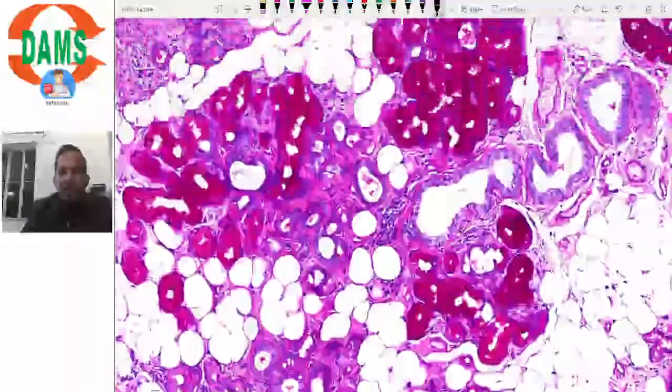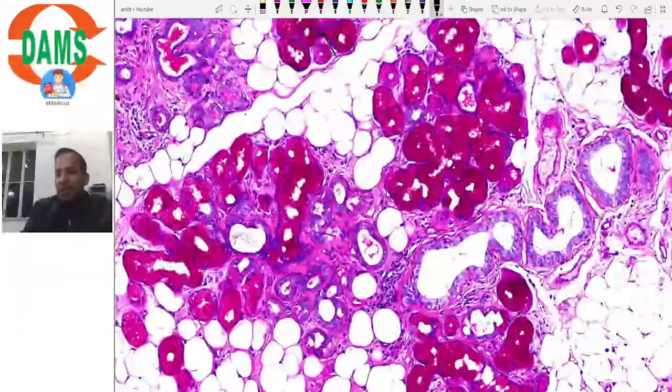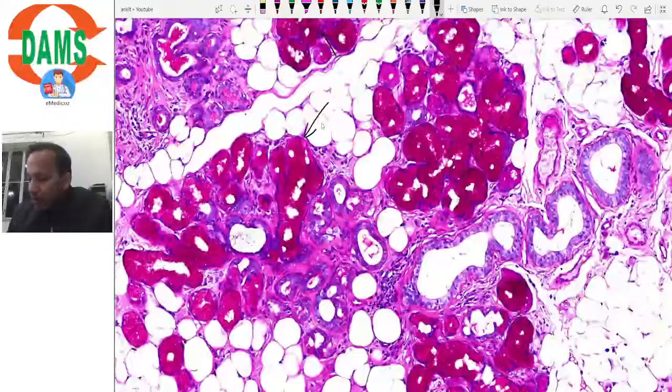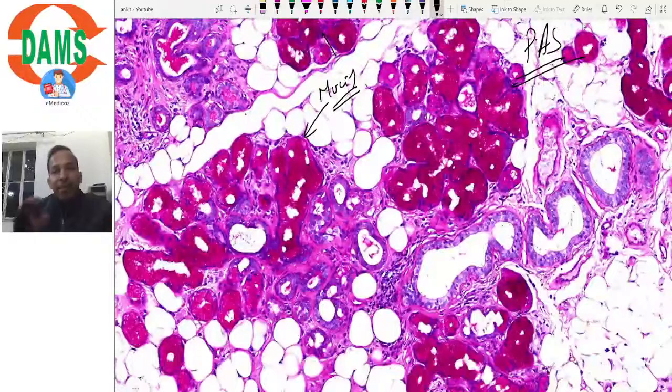So you can see that the mucin, which appeared light in the previous slide, is now appearing brighter, isn't it? All of this bright magenta color, this is mucin. And the stain used here is PAS stain. PAS stain specifically stains the mucin, making it brighter, giving it a more magenta color.